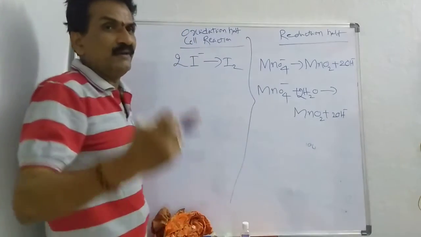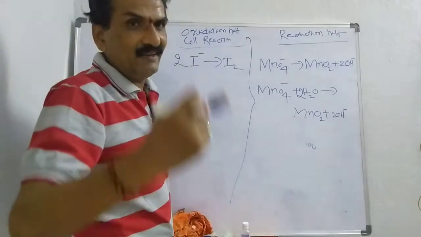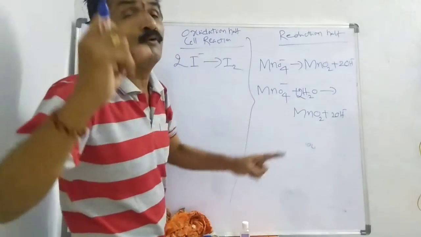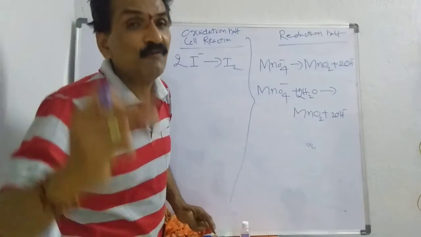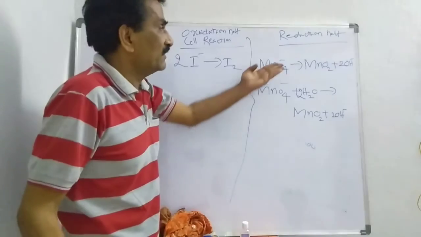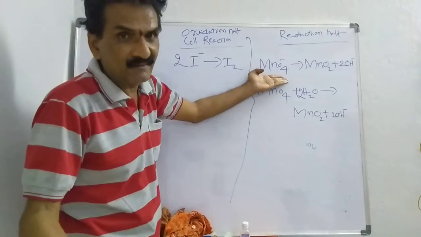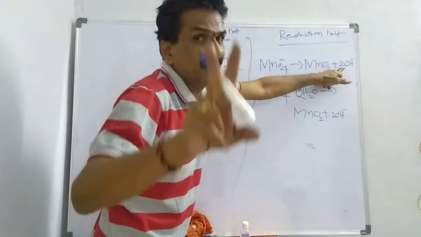Where hydrogens are less, we have to add H2O, whether left hand or right hand. On the left hand side there are no hydrogens; on the right hand side there are two hydrogens.